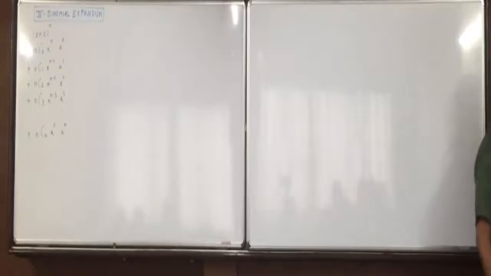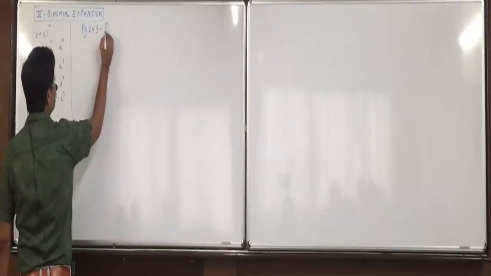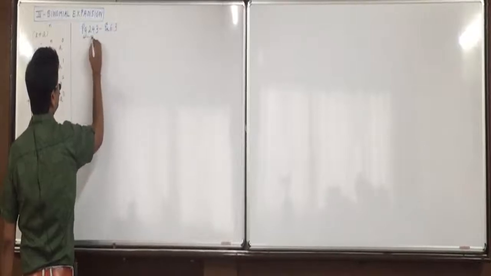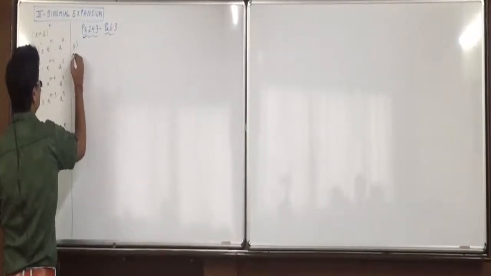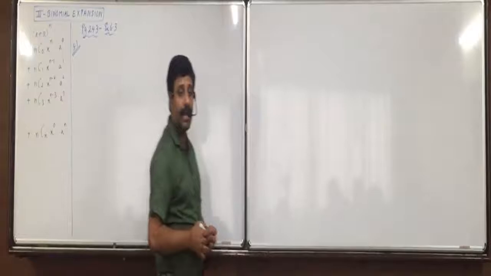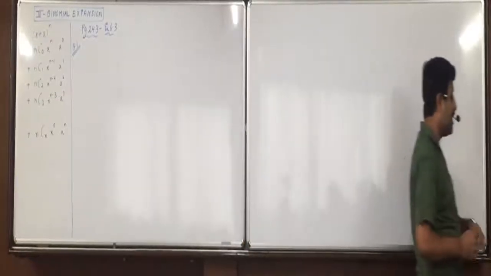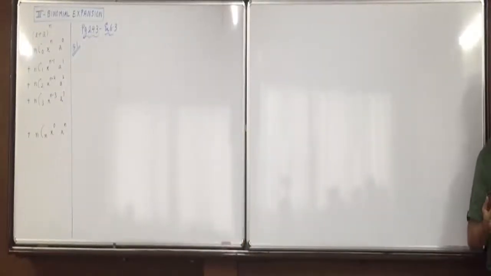Look at page 243, exercise 6.3, question 1. Understand it properly, all of you. First one I'll explain to you, second, third, fourth I'll ask you. Then fifth you'll come here.